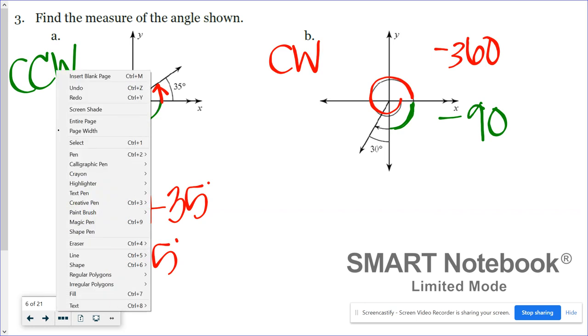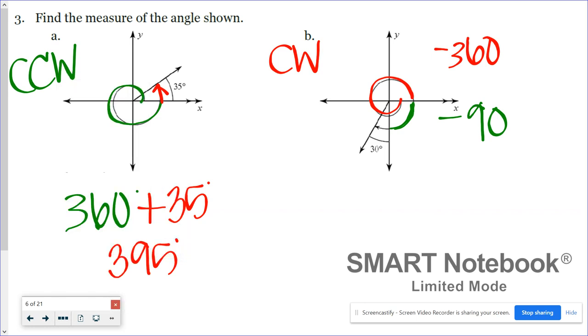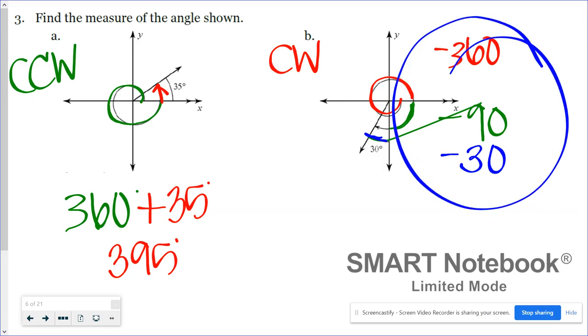And then it goes a little bit beyond that, 30 degrees. So another negative 30 degrees. So if I take all these and add them together, I would get the actual full angle of negative 480 degrees.